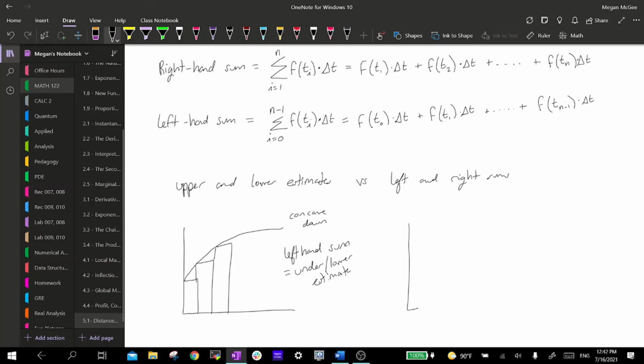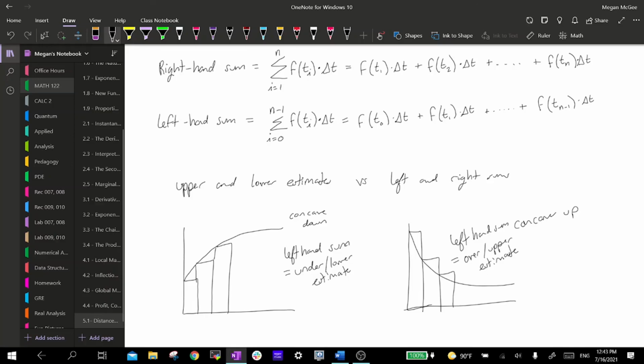However, if we look at a graph that is concave up, our left-hand estimates, so this is a left-hand sum, and in this case it's going to be an over or an upper estimate.